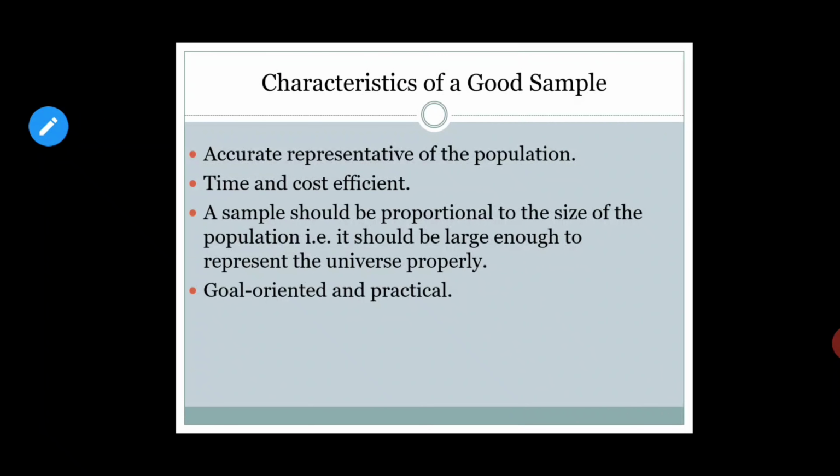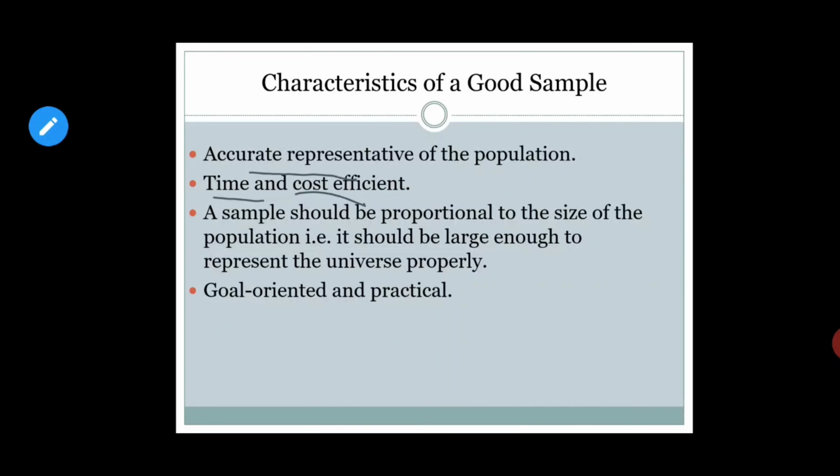What are the characteristics of a good sample? A good sample is an accurate representative of the population. It is time and cost efficient, that is, it is economical. A sample should be proportional to the size of the population, that is, it should be large enough to represent the entire universe properly.